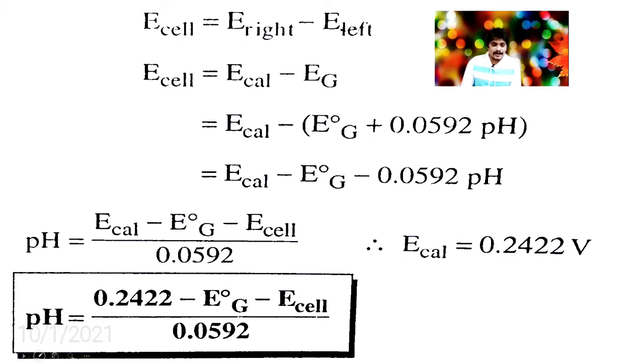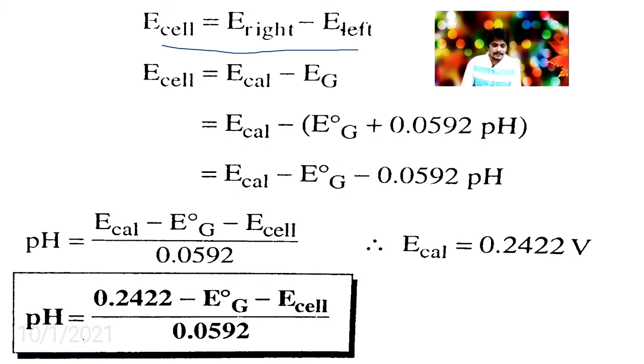Which is E cell equals E right minus E left. So what is E right? E right is nothing but the electrode potential of the electrode acting as cathode, and E left is the electrode potential of the electrode acting as anode. Which is acting as cathode and which as anode, I have already discussed clearly: the saturated calomel electrode always acts as cathode and undergoes reduction, and the other electrode acts as anode and undergoes oxidation.